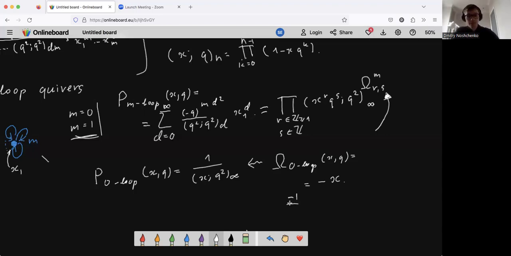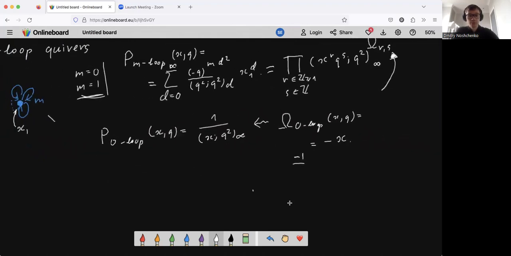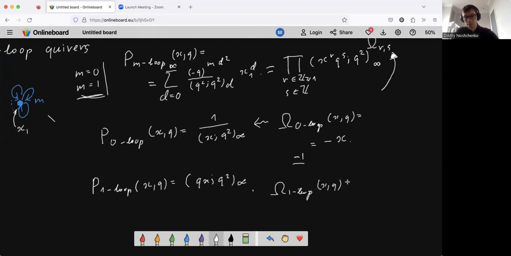And let's try the same for one loop. It's also quite easy. In the case of one loop, there would also be one non-zero DT invariant, but this time it's this expression: q times x, q squared, this q-Pochhammer, and here omega for one loop of x and q, in this case, is q times x.